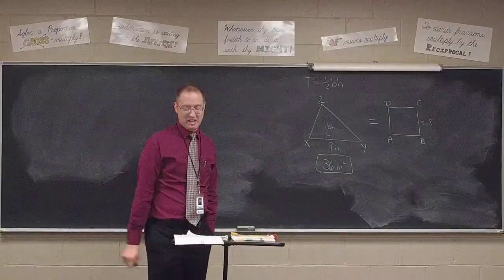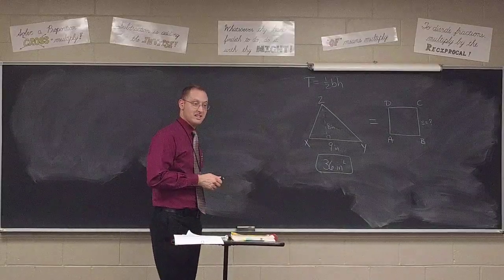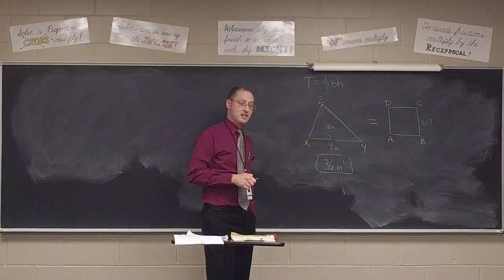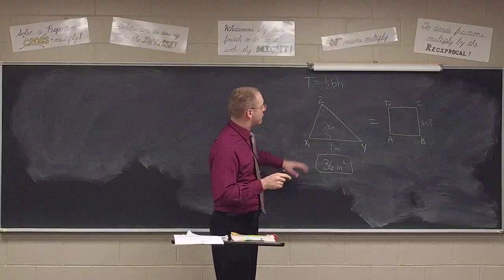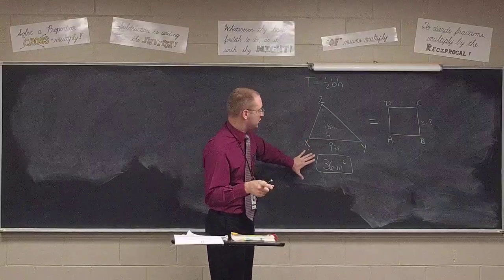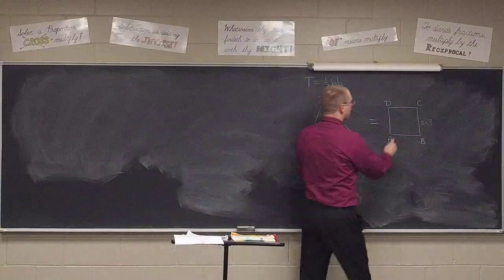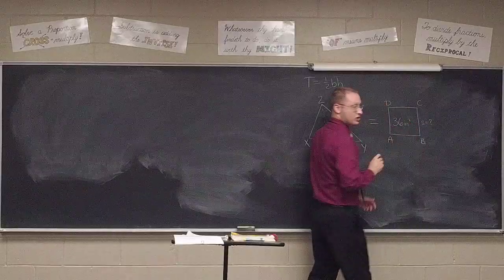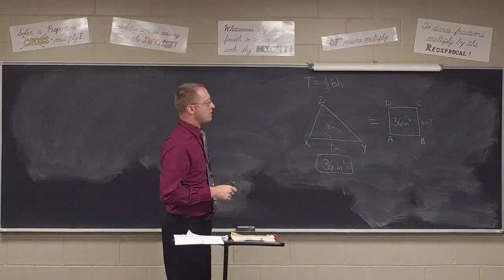Triangle XYZ equals square ABCD. In other words, they're equal. What does equal mean? They have the same area. So if the triangle's area is 36 inches squared, then the square has an area of 36 inches squared, correct? Not a perimeter, but an area of 36 inches squared.